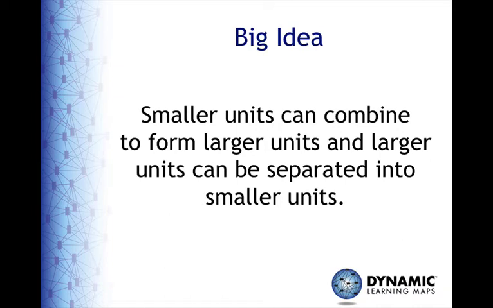This is not the first time we've encountered this idea. This same idea is found in the base 10 number system, where students combine smaller numbers like 4 and 5 to form the larger number of 9. And they separate a larger number as the sum of 2 smaller numbers, for example 7 as 3 plus 4.